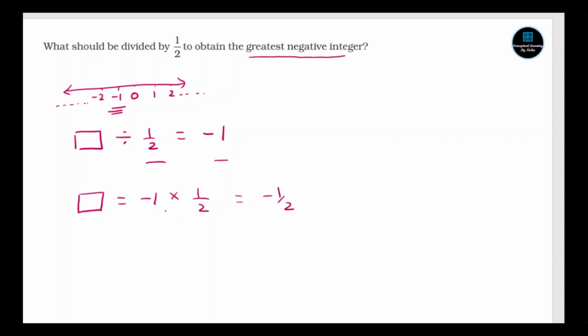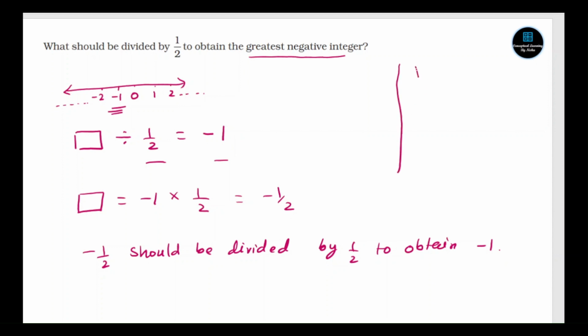So -1/2 should be divided by 1/2 to obtain -1. You can verify your answer. In the exam no need to do this, but you should understand it. See, I am dividing -1/2 by 1/2 to get this answer.